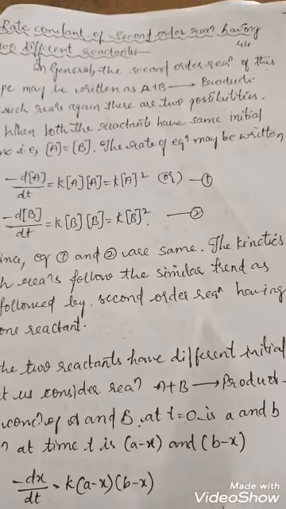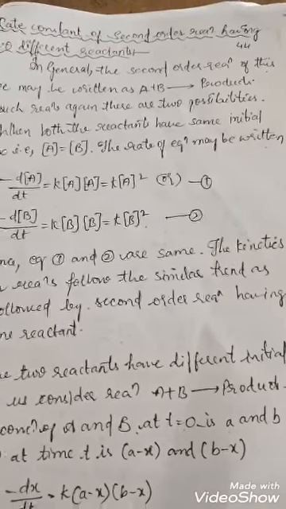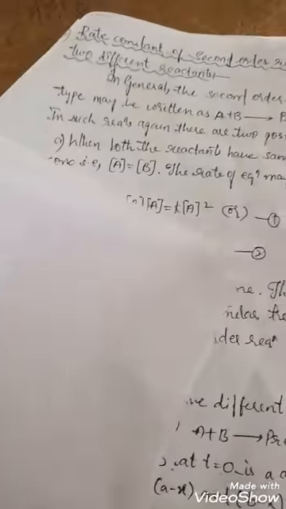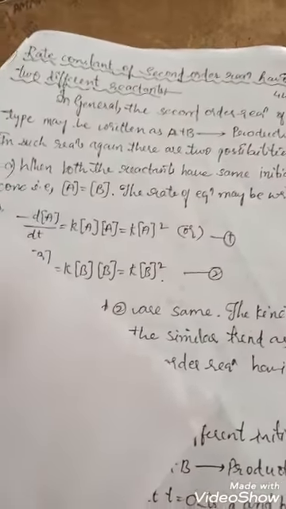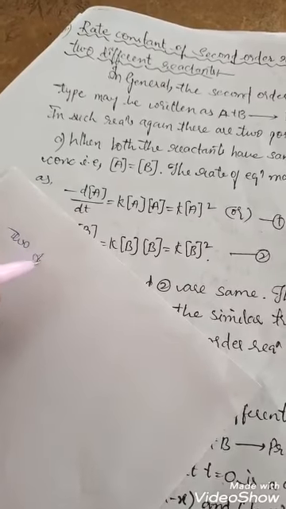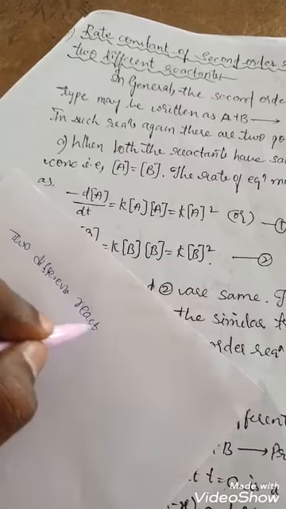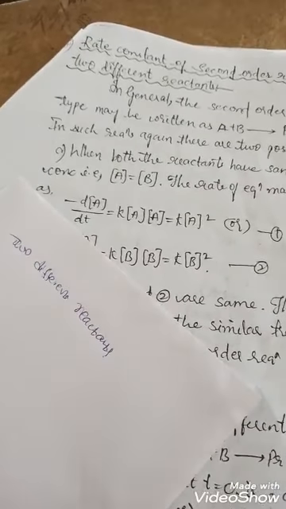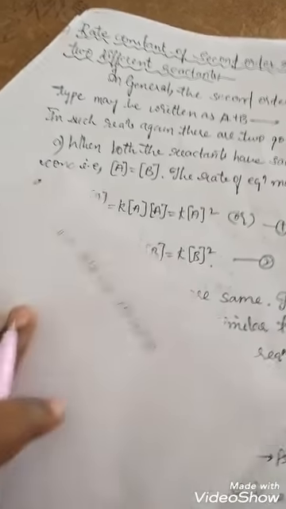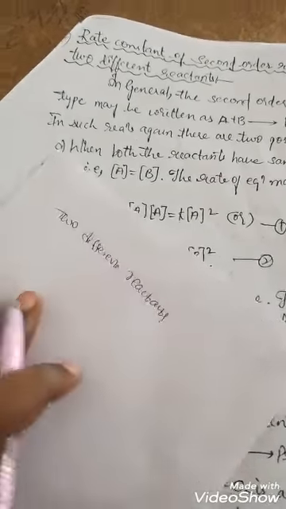Good morning students. Today we are discussing the rate constant of a second order reaction having two different reactants. First we have to take a second order reaction.